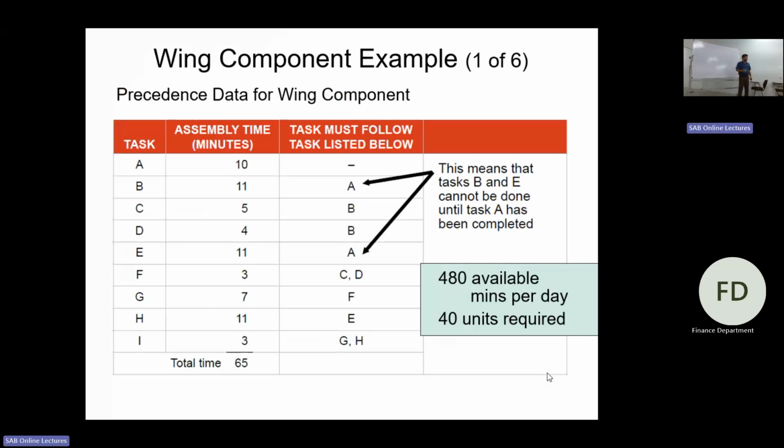Can you understand what that means? 12 minutes cycle time. What's the meaning of that? How can you understand that value? 1 unit requires 12 minutes.